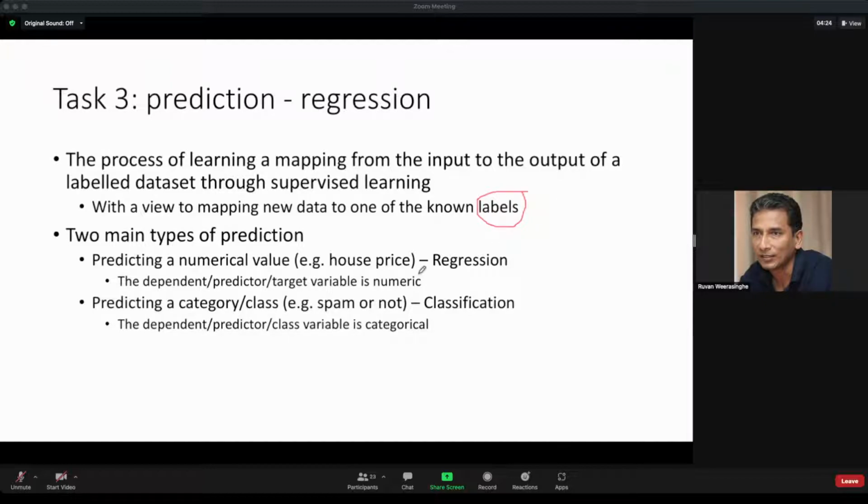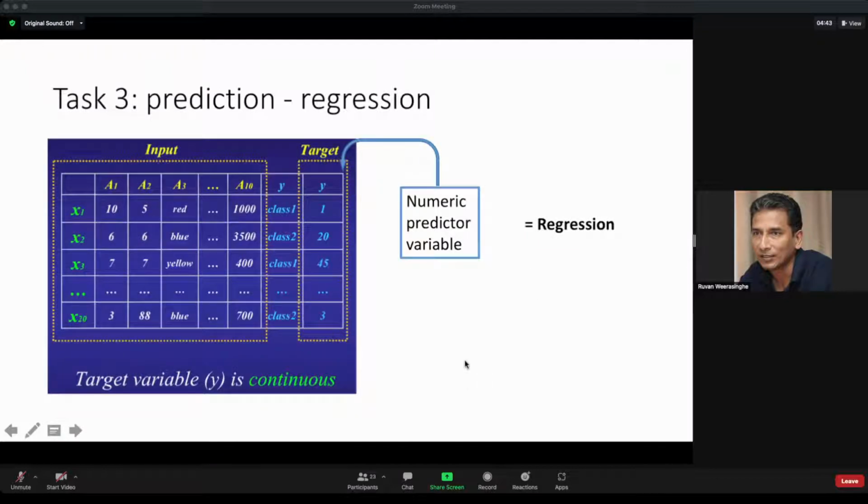So predicting the numerical value is regression, predicting a class is classification. This is obviously very familiar to you, so that's why I said today we are just doing things that you already know about.